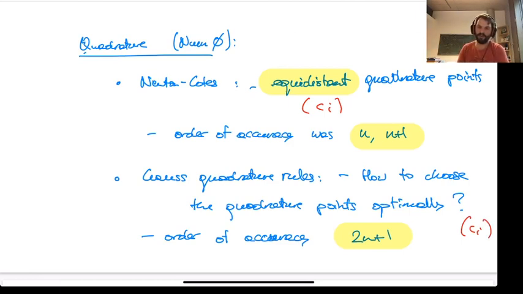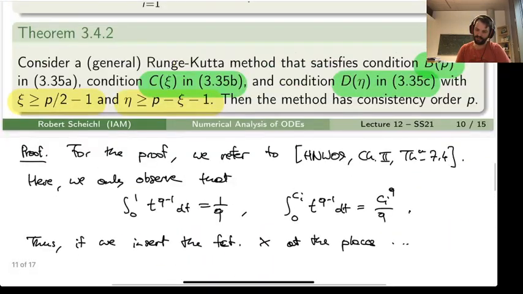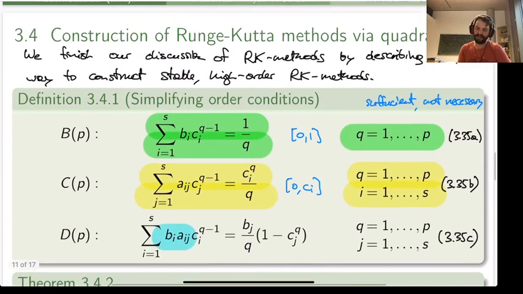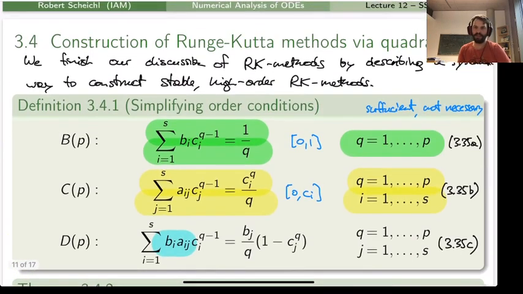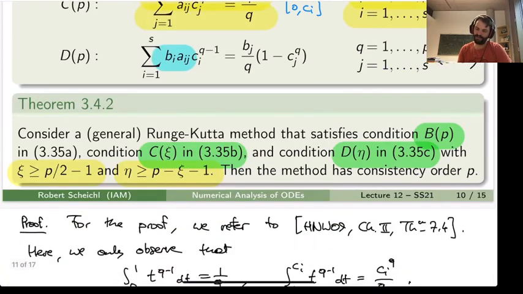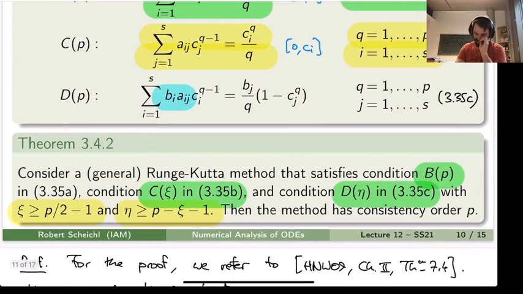And we know already that the order of accuracy of the quadrature rule is related to the consistency order of the Runge-Kutta method. In fact, we saw that if we have order of accuracy up to order p minus 1, then we get consistency order p.